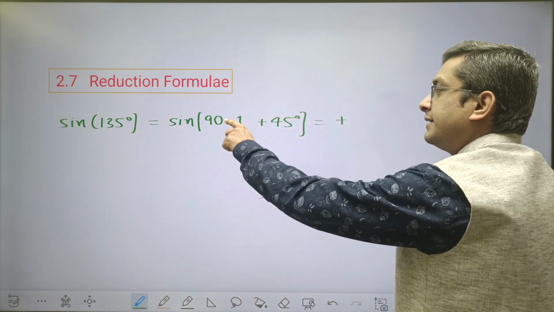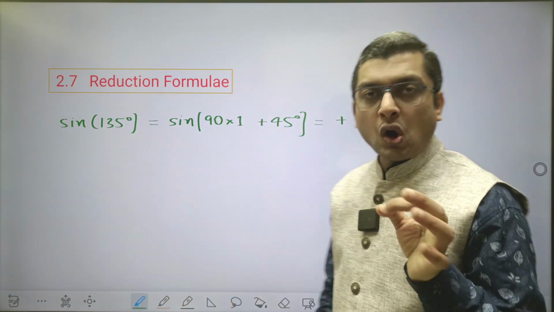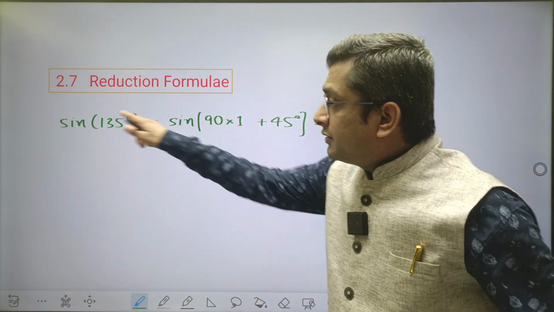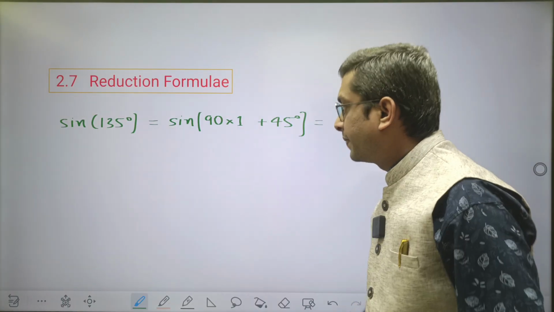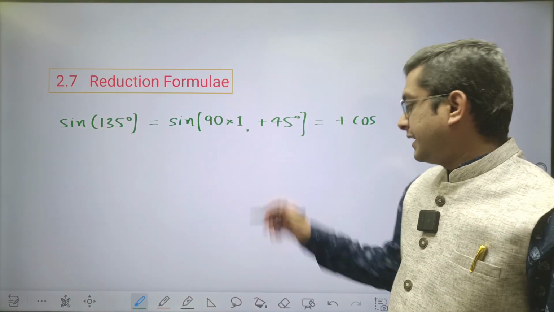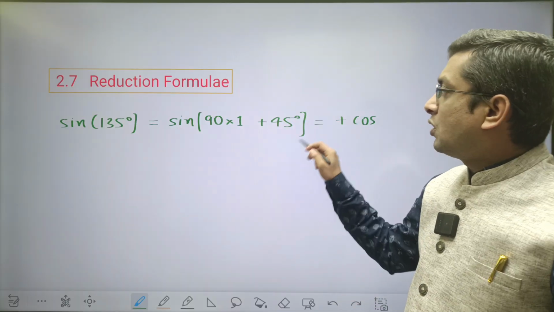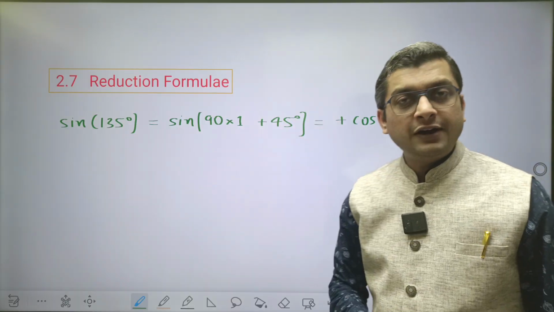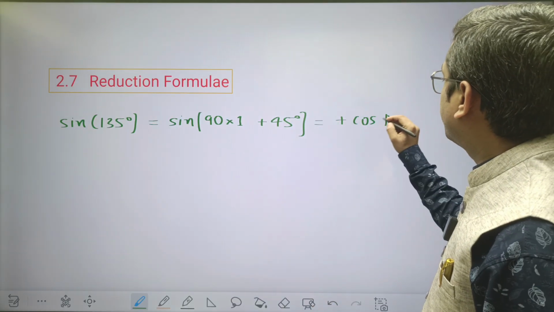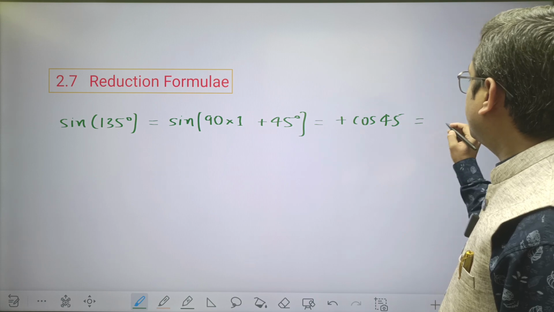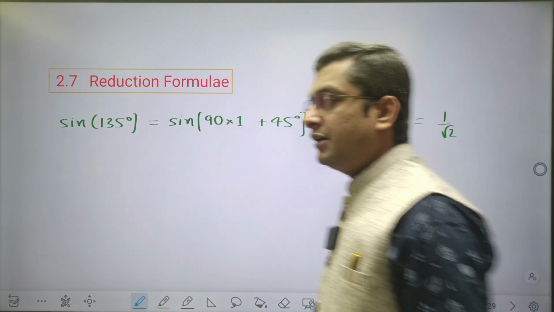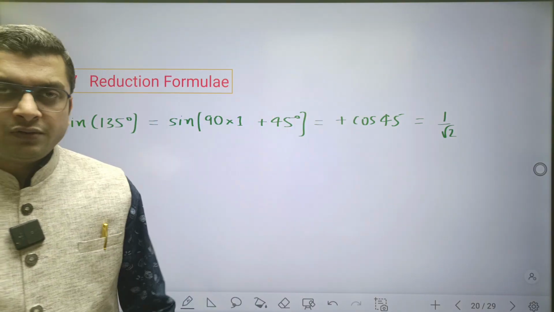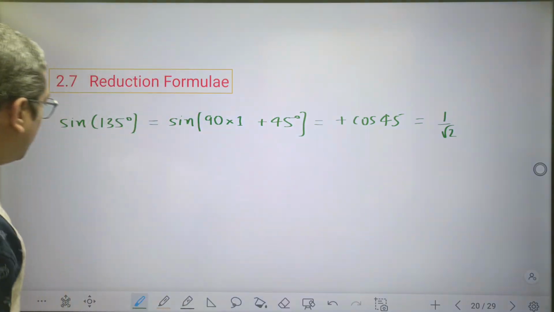So this is sine 90 into 1. 1 is odd, so convert this sine into cos. So here it will become cos. So sine is covered, and the only thing left is 45 degree. So write cos 45. The answer will be plus 1 by root 2, because 45 degree is a standard value we have to keep in mind.